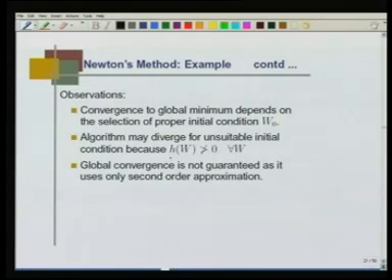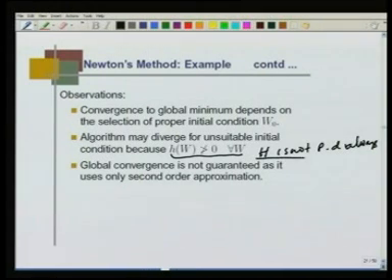In fact, in general, I would not say H is a scalar; for our example it is, but in general the Hessian matrix is not always positive definite. The condition is that H has to be positive definite for convergence, and that is not guaranteed. Global convergence is not guaranteed, as it uses only a second order approximation.